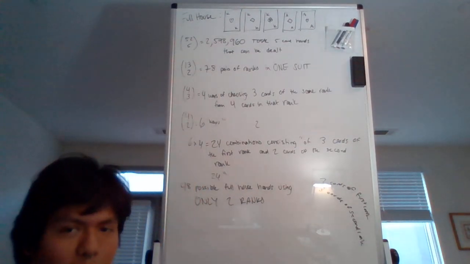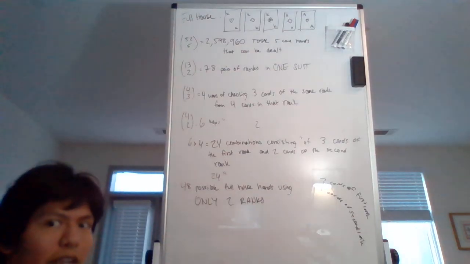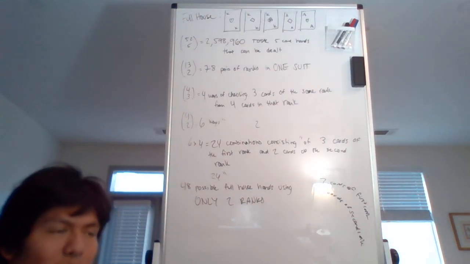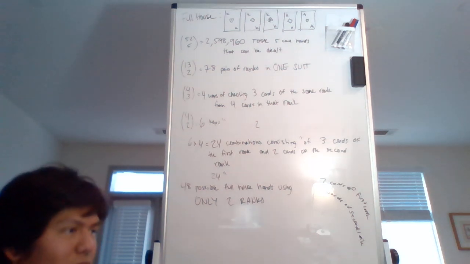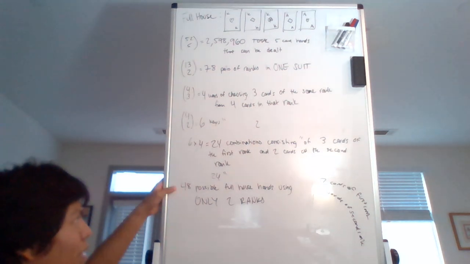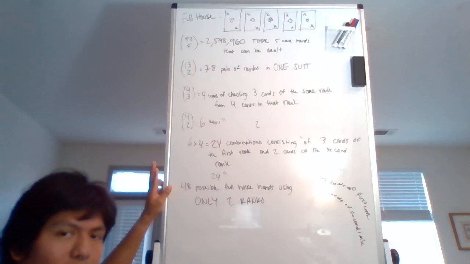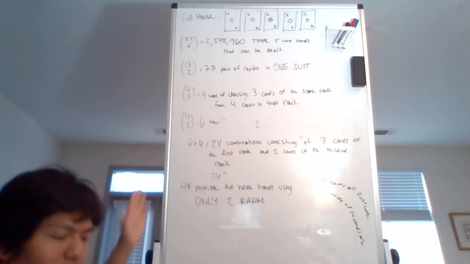Because in this entire example, I've been talking about kings and queens. Okay, what about the other ranks? What about the aces, the twos, the threes, the jacks? This is only the total possible combinations using 2 ranks, but what about all 13 ranks?